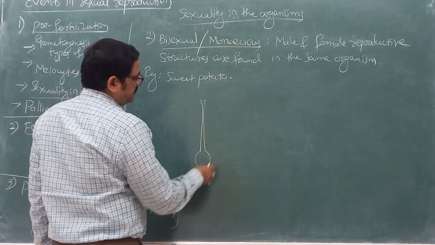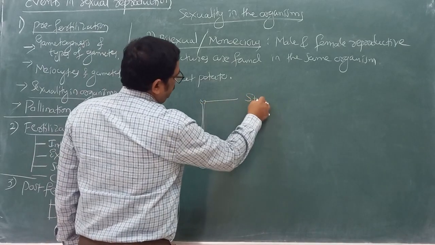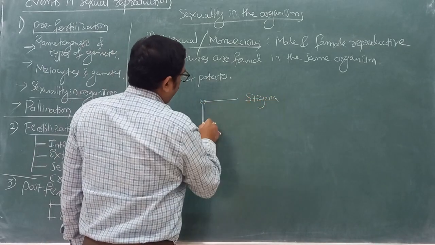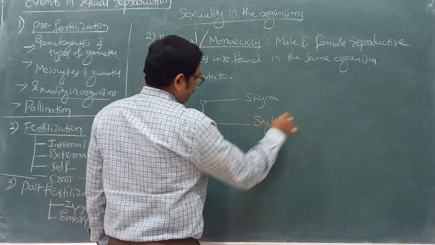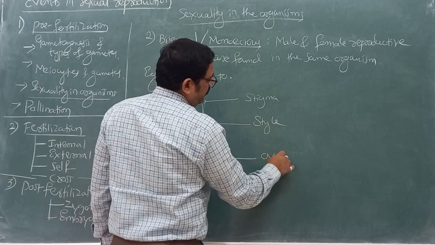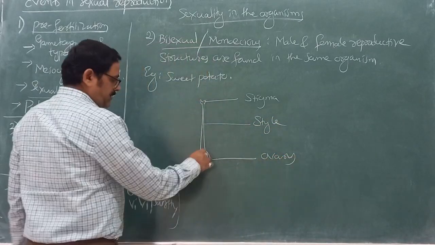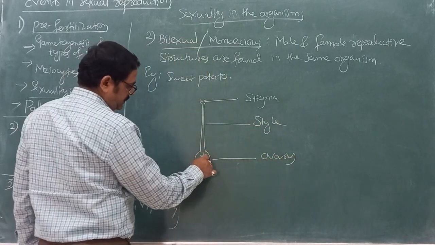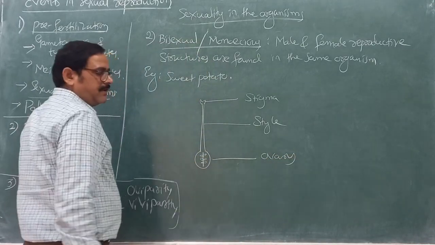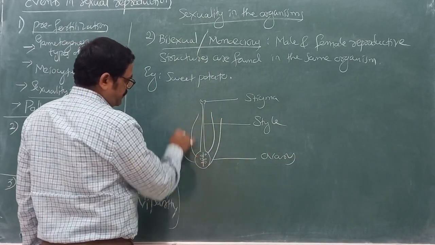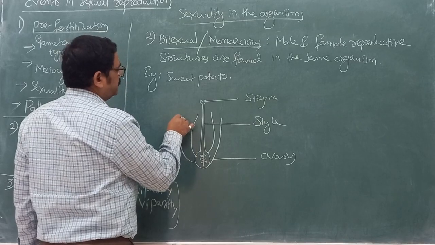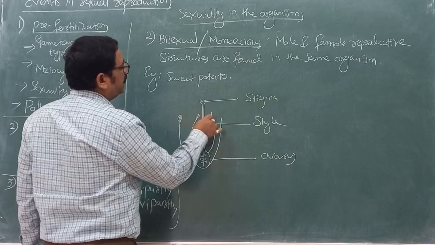This is the stigma. The long tube, the pollen tube path, is called the style, and this is the ovary. Inside the ovary, what are these structures? Ovules. On either side there are structures which are the source of pollen grains.